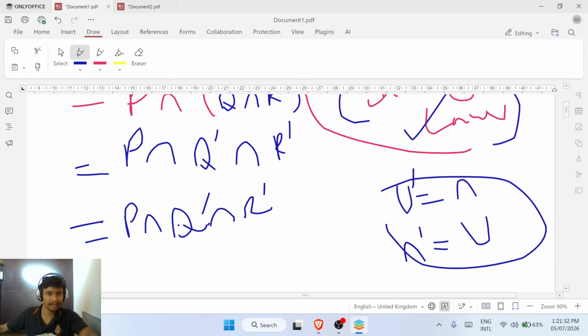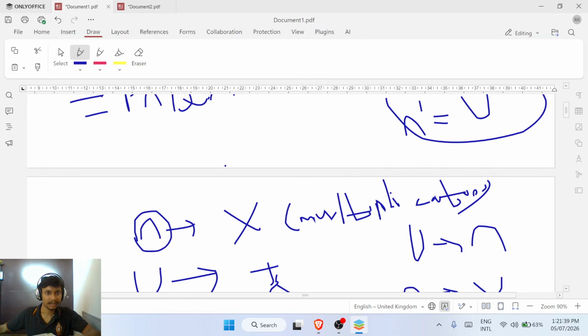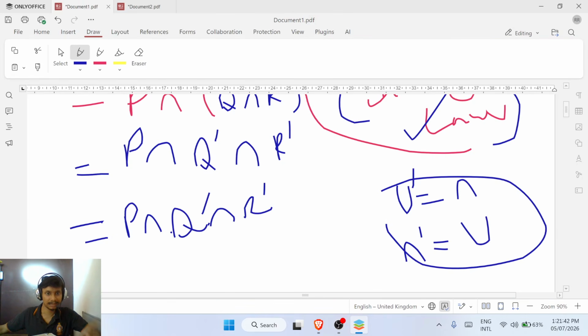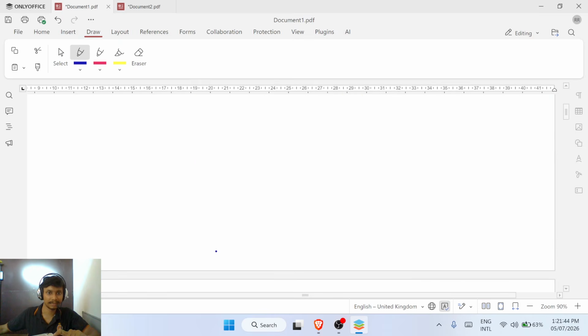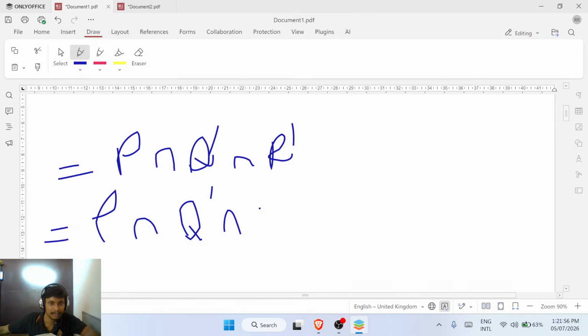Now P intersect Q dash intersect R dash. Now we have derived this. Now if I write P intersect Q dash intersect P intersect R dash, is it wrong? It is not wrong, because the meaning will not change.